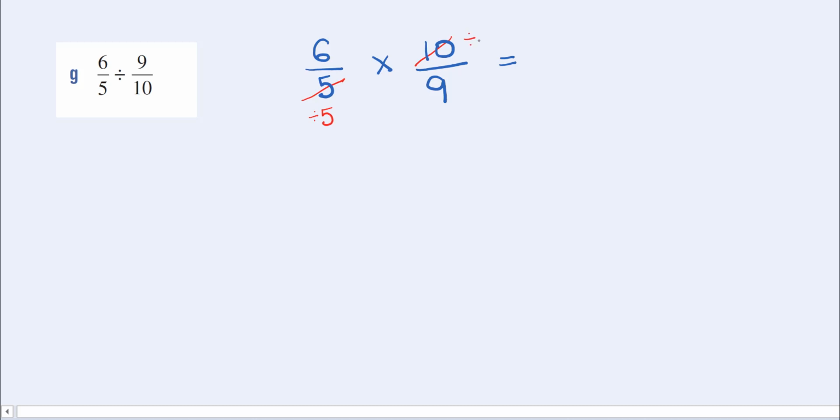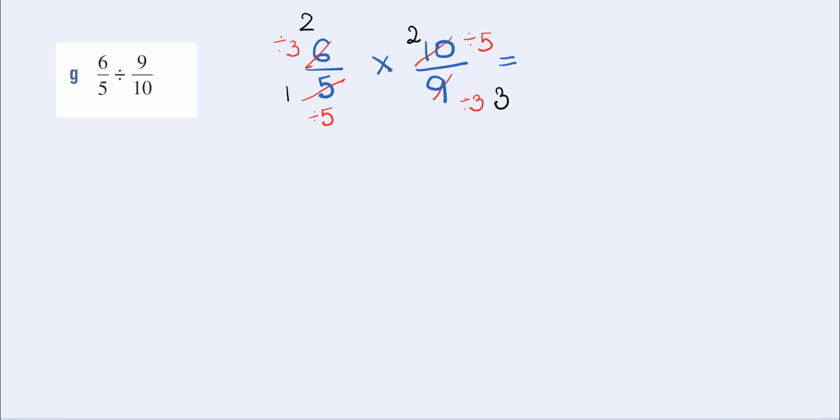I can simplify it by cross dividing the 10 by 5 and 5 by 5, to give me 5 divided by 5 is 1, 10 divided by 5 is 2, and I'm also going to divide the other opposite numbers by 3. So if I divide 9 by 3 and 6 by 2, it gives me 3 and 2.